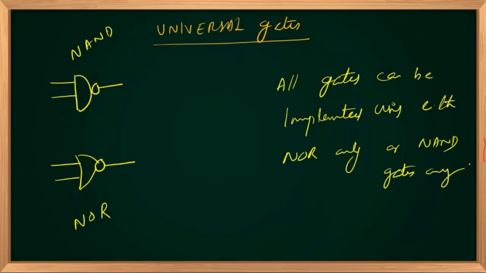If you would like to implement an AND gate, you can make use of only NAND, or you can make use of only NOR. If you would like to implement XOR or XNOR gates, similarly, you can implement the same using only NOR gates or only NAND gates. Or the other way, these two gates are sufficient to implement all other logic gates in Boolean algebra, right?